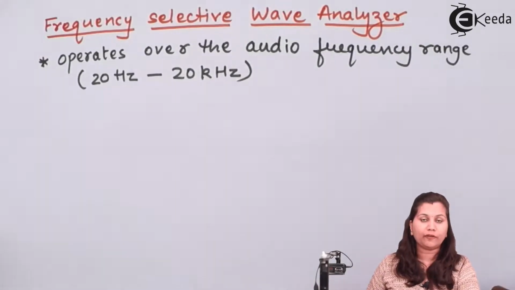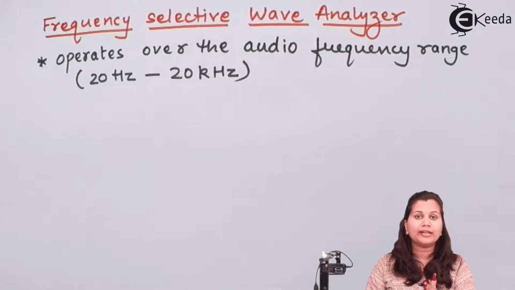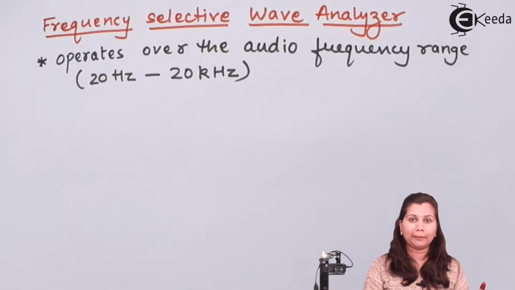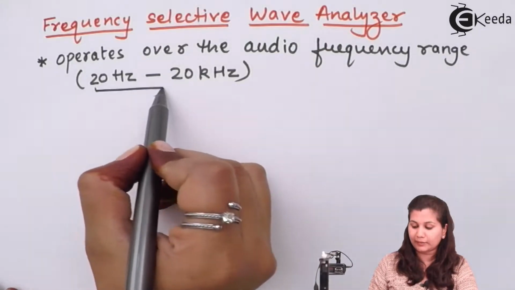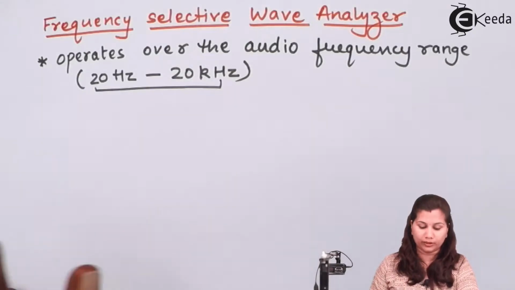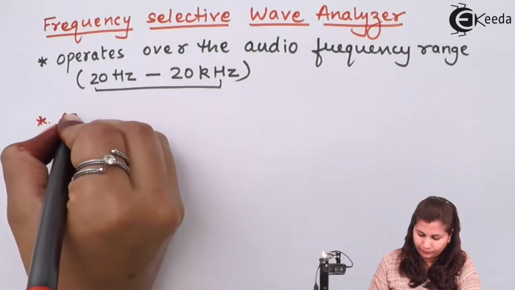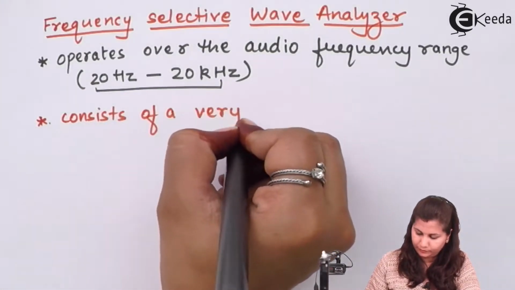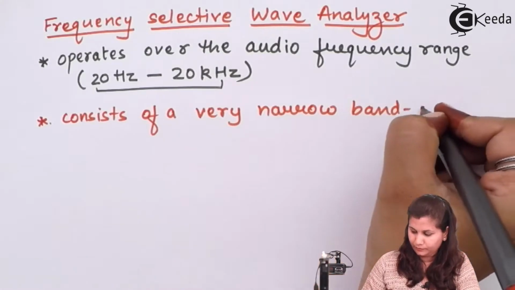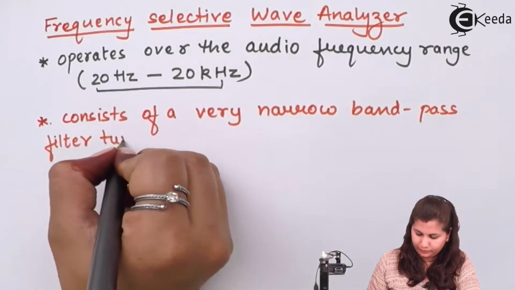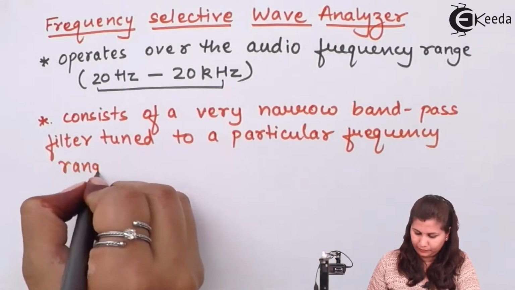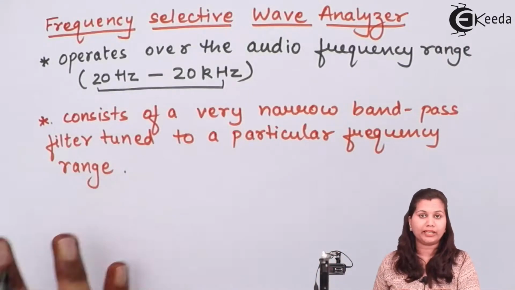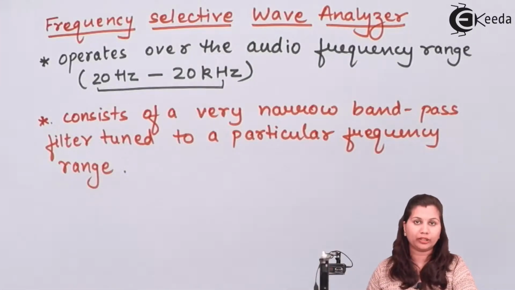The basic circuit of this analyzer consists of a very narrow band pass filter which is tuned to a particular frequency within the range of 20 Hz to 20 kilohertz.